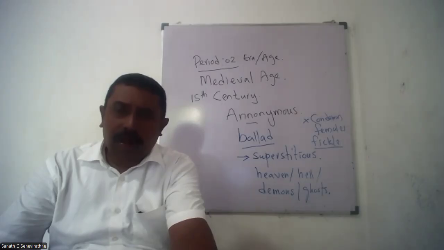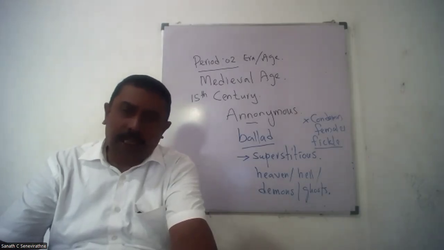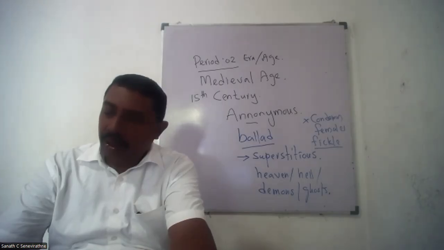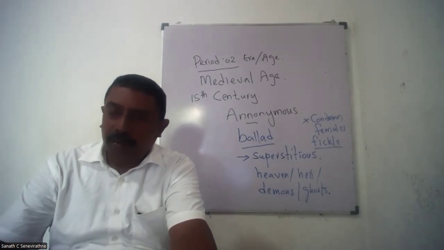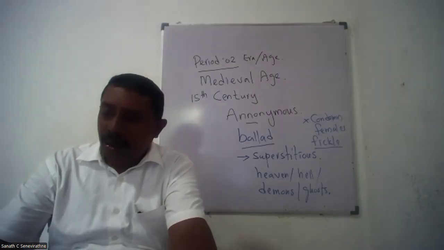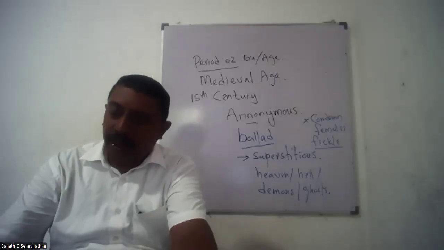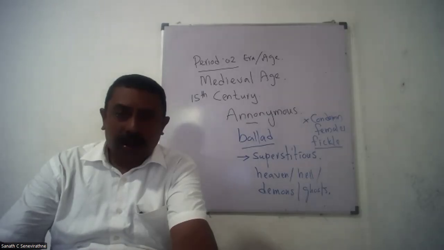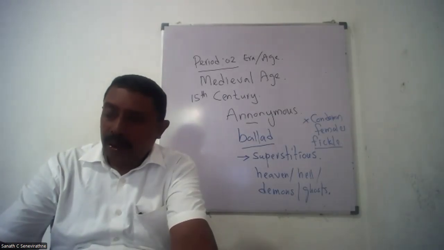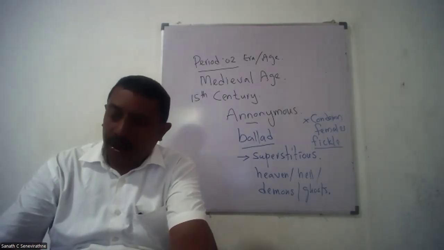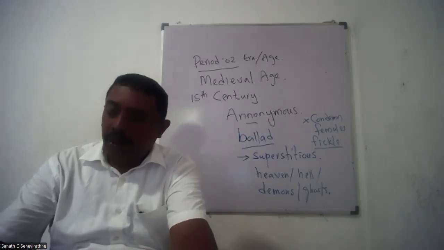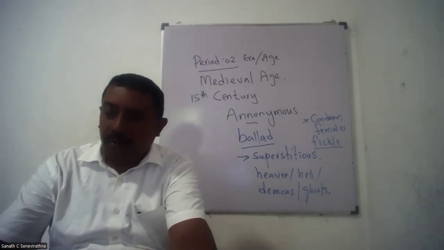Now there were no novels. Novels were written in the 17th and 18th century. The very first English novel, Robinson Crusoe. In the 15th century, during that time, only poetry was written, but writers are not mentioned.